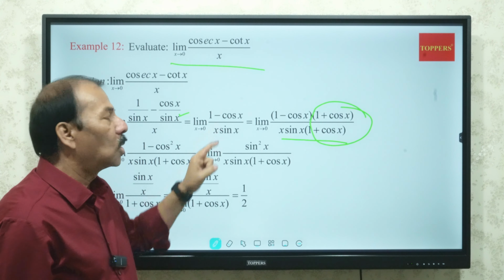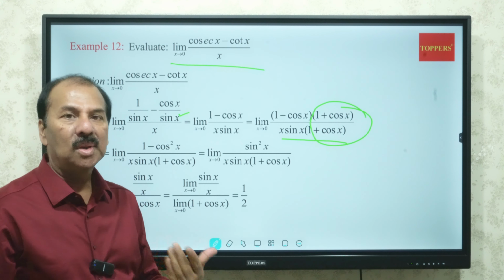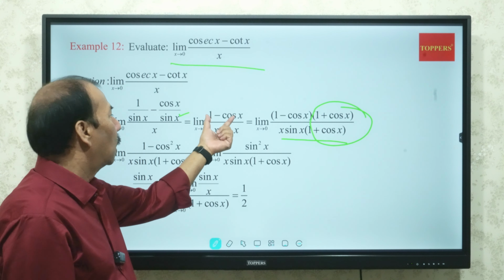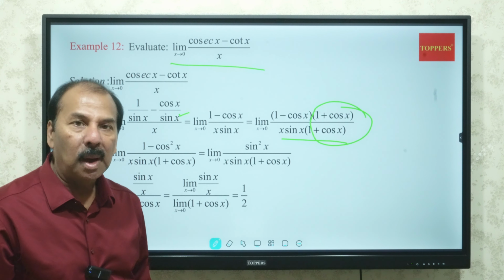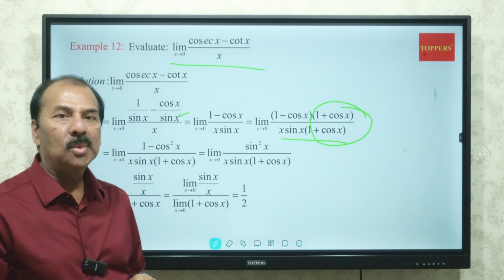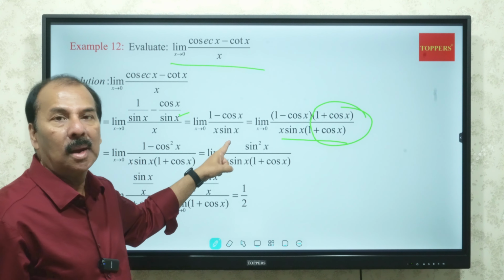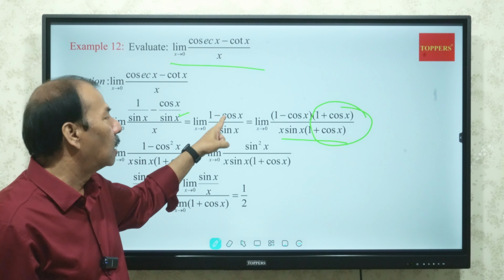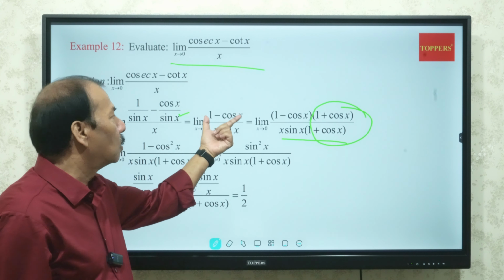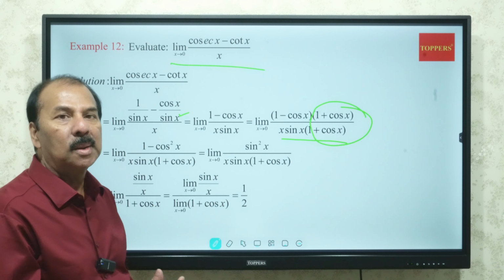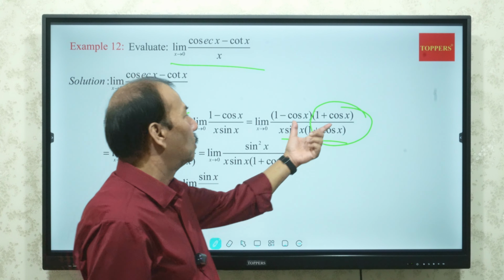I am just giving you the thought process. If this 1 minus cos x would have been 1 minus cos square x, then 1 minus cos square x becomes sin square x, then that sin x and this sin x, any one of the sin x from here will get eliminated. So just to make it 1 minus cos square x, we are multiplying numerator and denominator by 1 plus cos x.